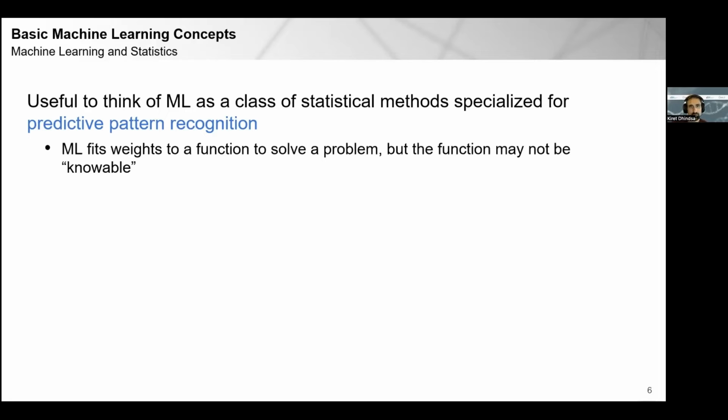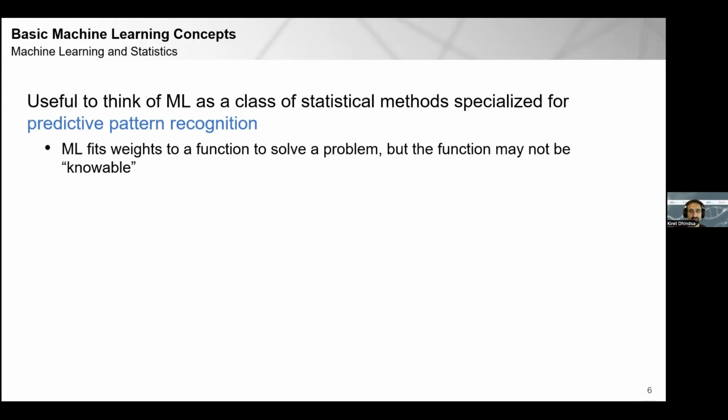Something that's maybe a bit interesting about machine learning is that, like a lot of inferential statistics methods, we're fitting weights in some kind of function to solve a problem, often a classification problem or a regression problem. But in the case of machine learning, we might not actually be able to know or understand or write the function that's being solved for.